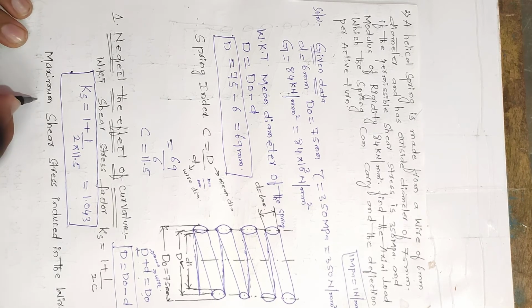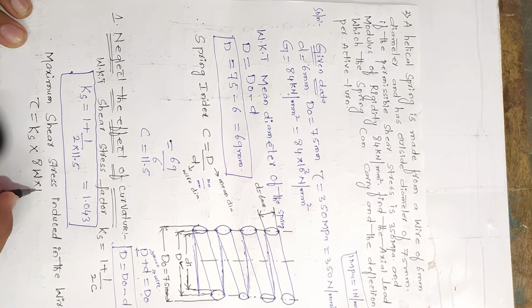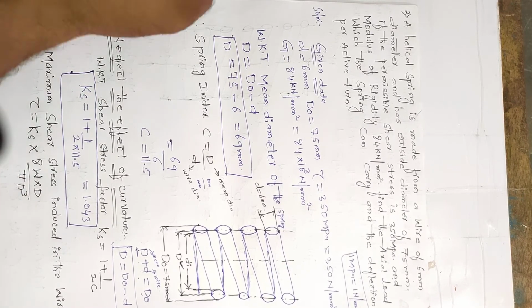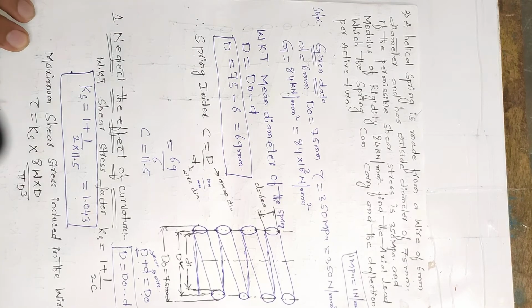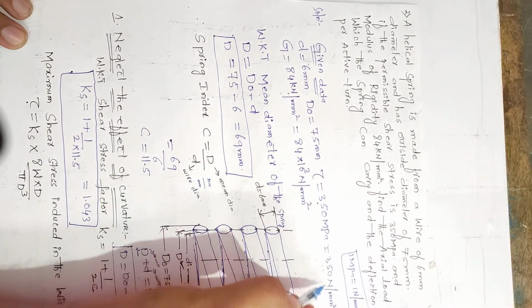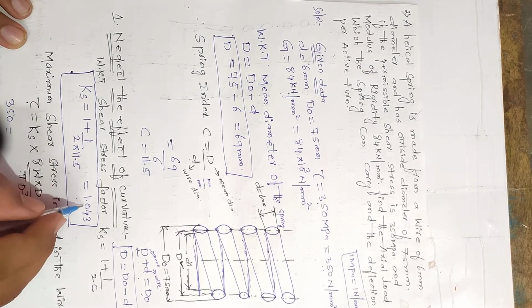So what is the formula here? Tau equals Ks, shear stress factor, into 8 into load into mean diameter by pi into d cube. Is it right? So in this case we know the value of tau. How much is given? The shear stress value is given as 350 Newton per mm square. So we can represent here 350. What is the value of Ks? 1.043.